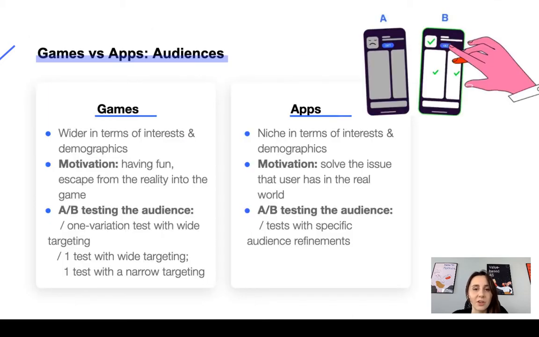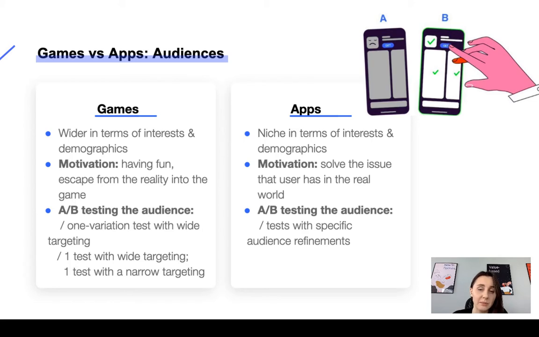So let's jump in and see how A/B testing approaches are specific to games and apps. And to do that, I'm going to rely on the essential differences between apps and games. And to start with, we'll look at the audiences.